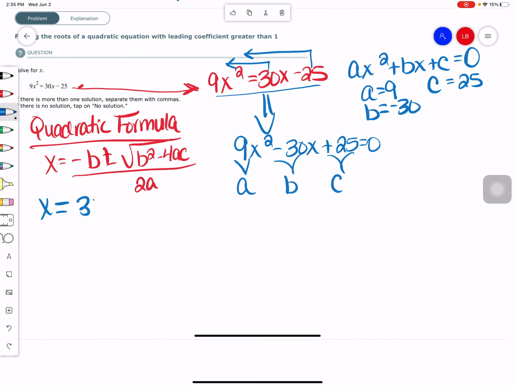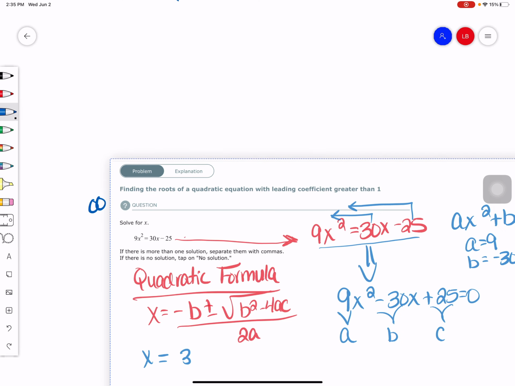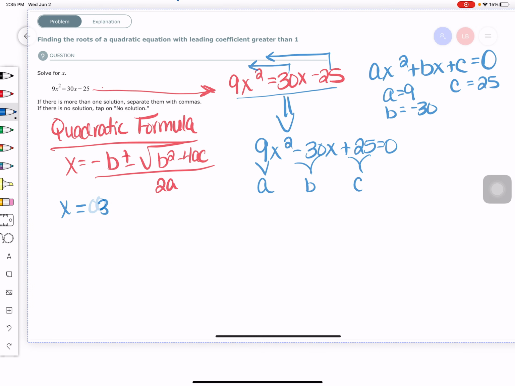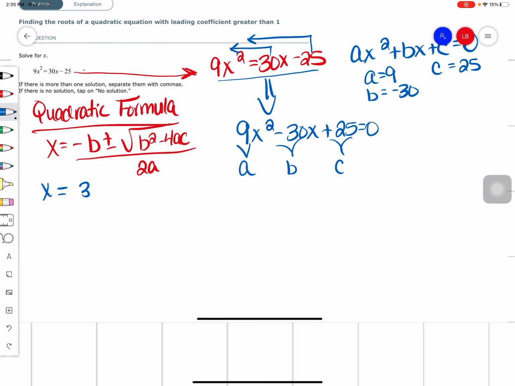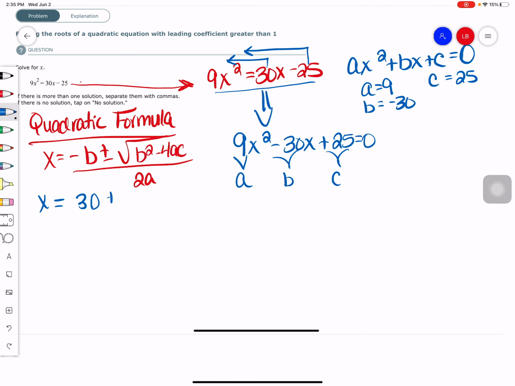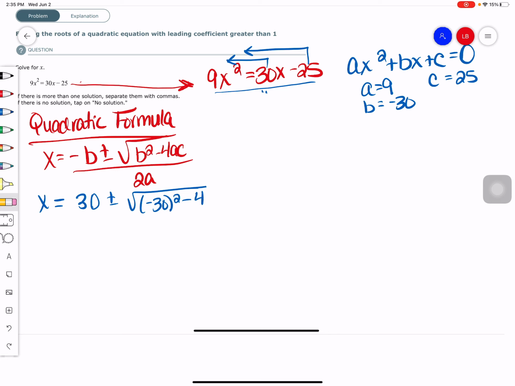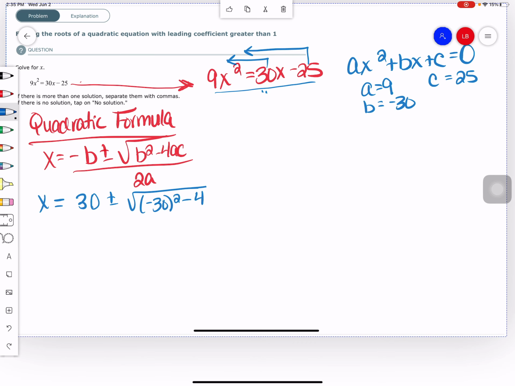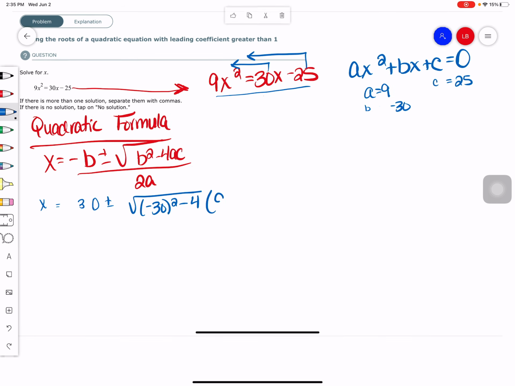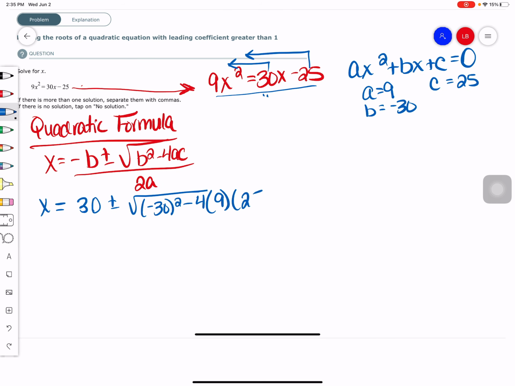So it's going to be 30 plus or minus the square root of b squared, negative 30 squared, minus 4 times a, which is 9, times c, which is 25, all of that under the radical, all divided by 2 times a, which is 9.